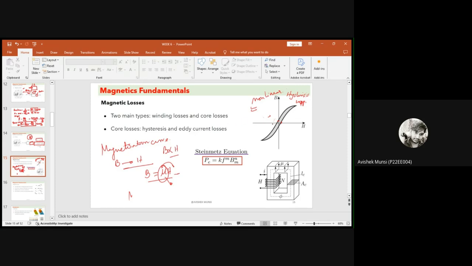Another thing is that whenever you discharge, it is not following the same path, that is due to the phenomenon of non-overlapping. That is why the increase and decrease curves differ, and this area is forming the hysteresis loop. Okay.